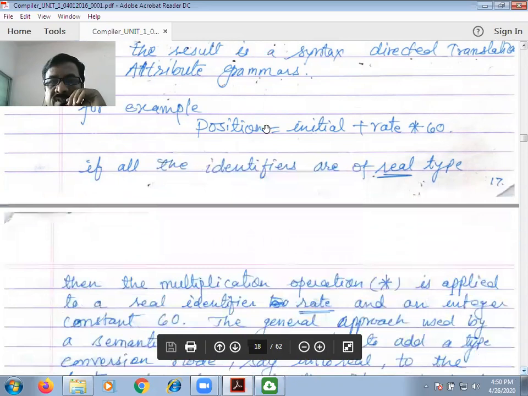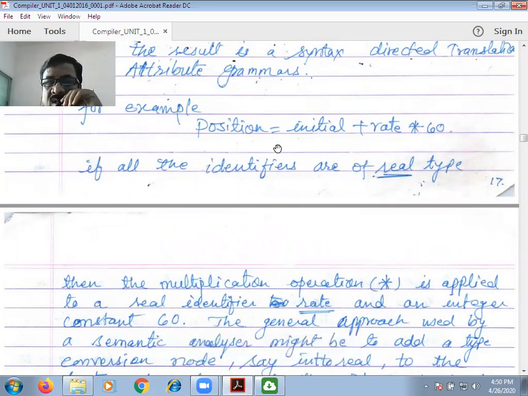You can understand this concept of semantic analysis with this example: position equal initial plus rate into 60 will generate a parse tree having node position equal initial plus rate into 60.